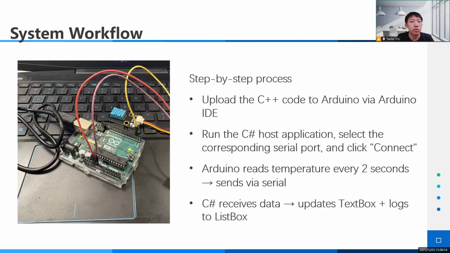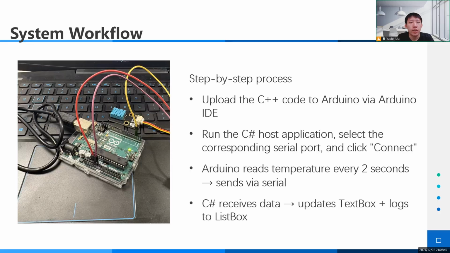This is the system workflow. The system works in 5 steps. Step 1, connect all hardware according to the wiring diagram. Step 2, use Arduino IDE to upload the C++ code to the Arduino board. Step 3, run the C# program, choose the right serial port in the combo box, and click Connect.